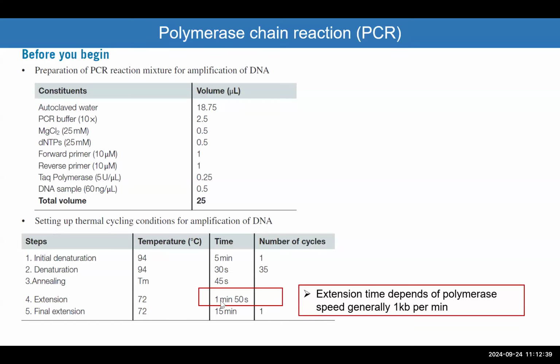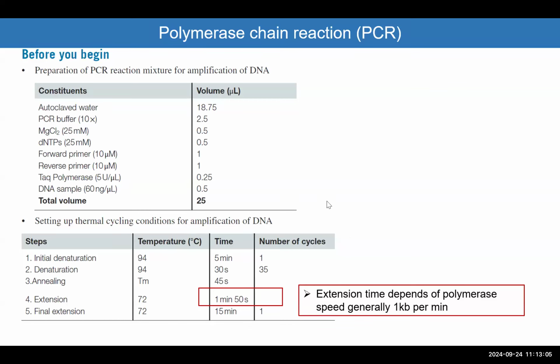Now, be careful that the extension step depends on the length of the DNA. If the fragment you are amplifying is 2 kilobases, you would give about 2 minutes, because the rule is 1 kilobase per minute. Nowadays, some Taq polymerases are faster, but generally speaking, it is 1 kilobase per minute.